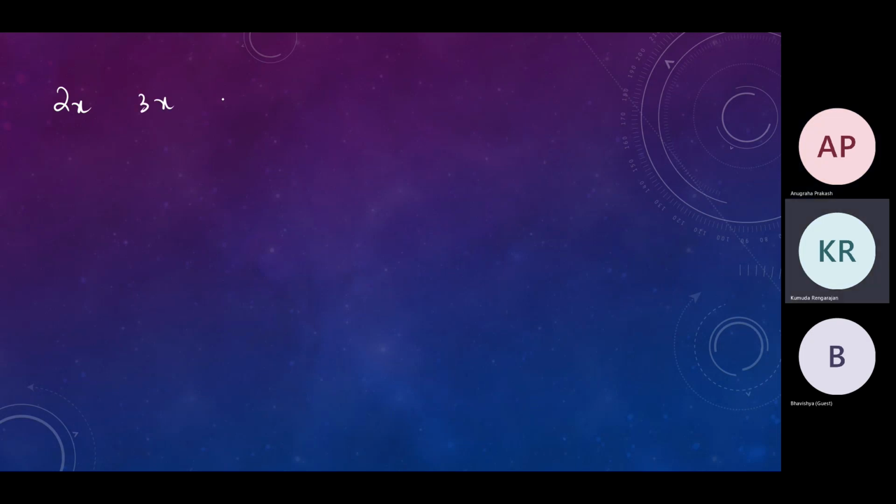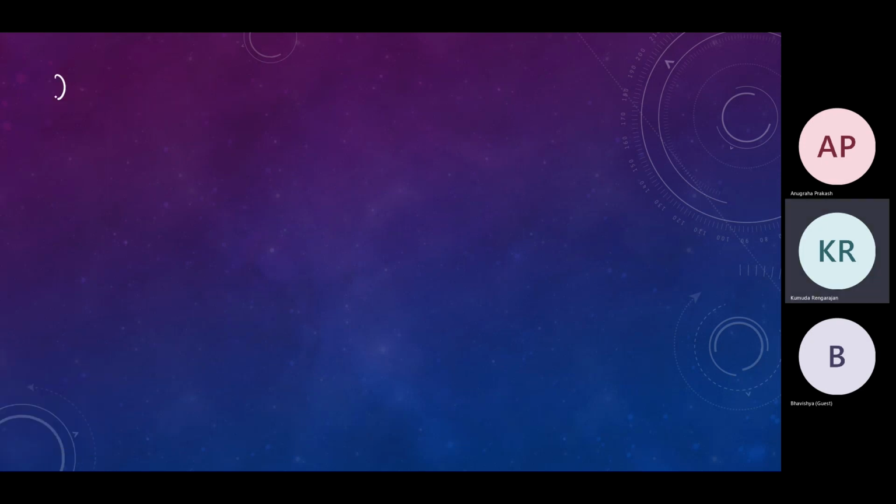Yeah. So 2x, 3x, and 4x are the three numbers. You should add their cubes. So cube this one, this is one number, cube it. This is the other number, cube it. The third number, cube it. And you'll have to take their sum. The sum of their cubes, not the sum of the numbers.